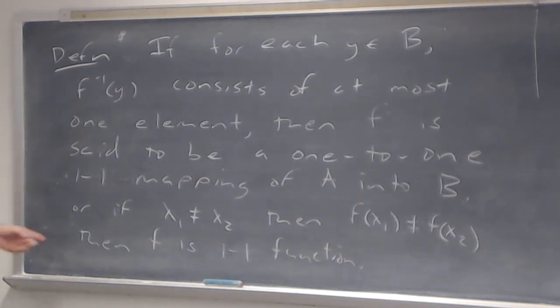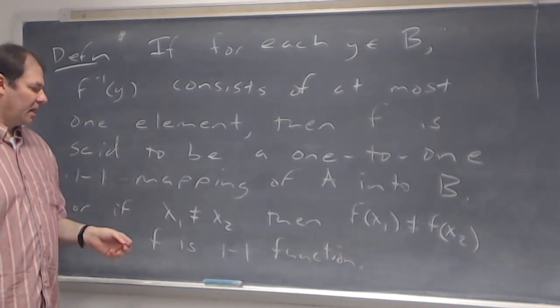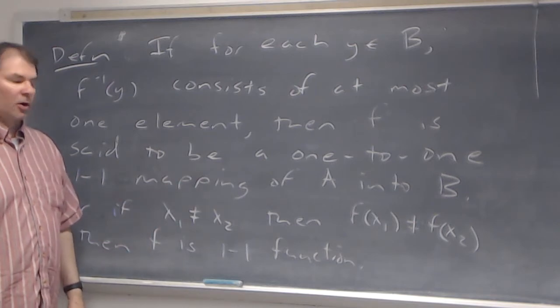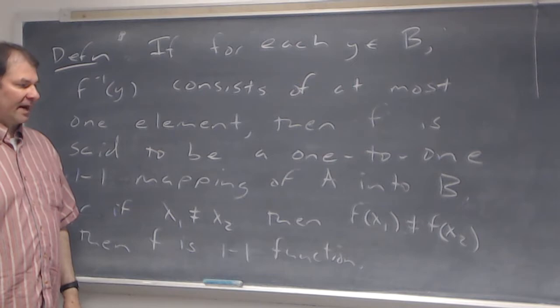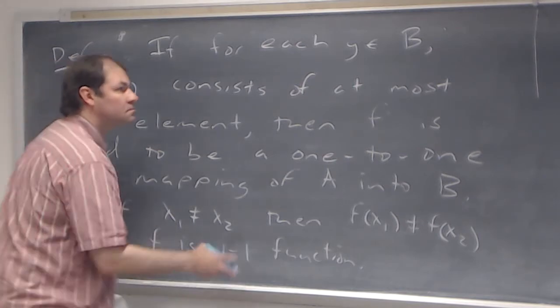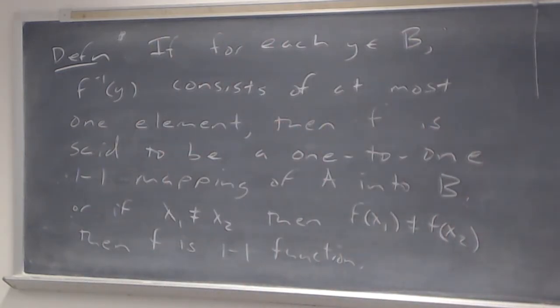So what this is saying is, if you have two different elements in the domain, they will be sent to two different output values. And so that's what it means to be one-to-one. That is, to be one-to-one means there's no output value of the function that is hit by more than one input value.